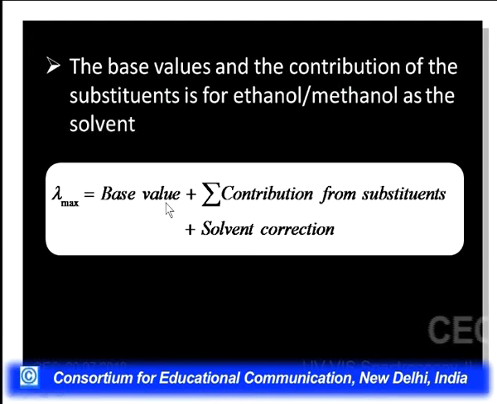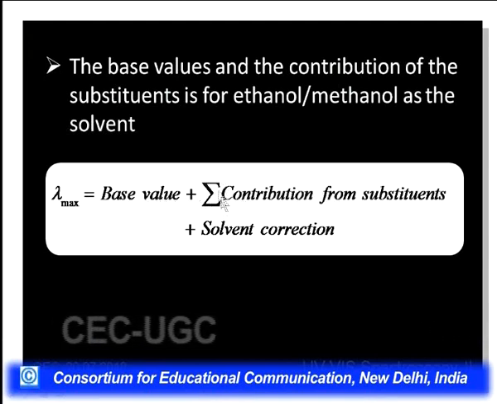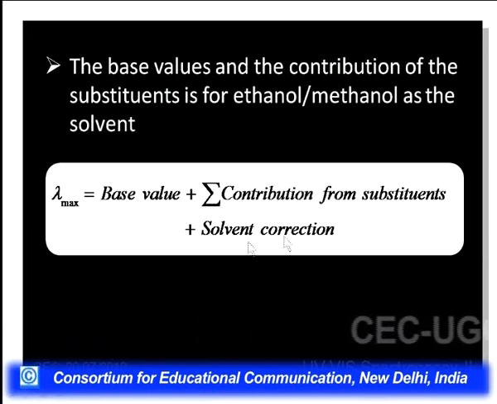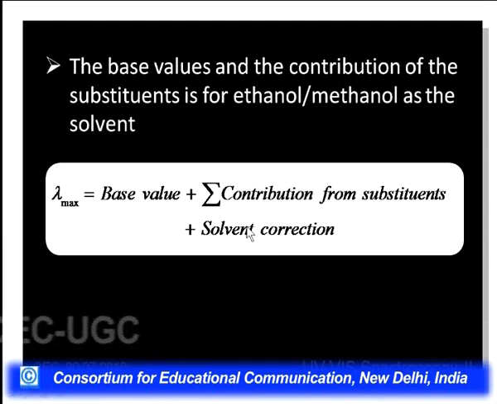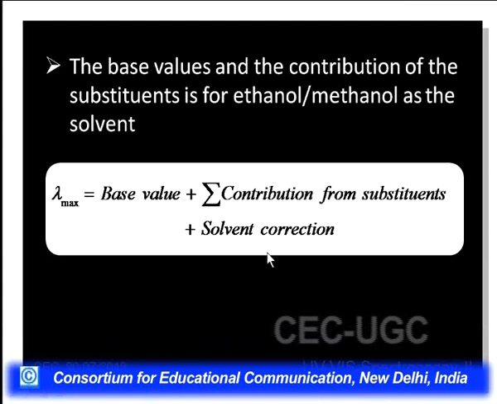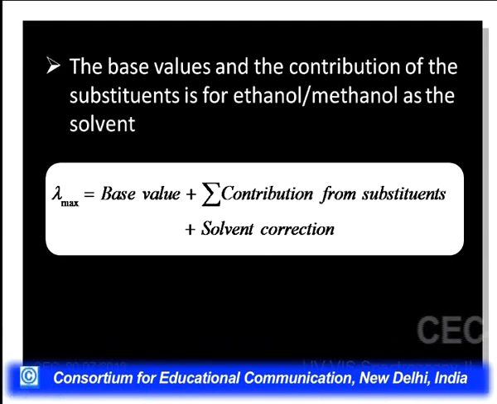So this part of the formula is the same as before. There is a base value, then sigma, that is the summation of contributions from different substituents, and then of course a solvent correction. We had that in the previous case also, but it was insignificant, so we didn't consider it. In this case it becomes significant and we have to consider it. I'll give you one example for that too.